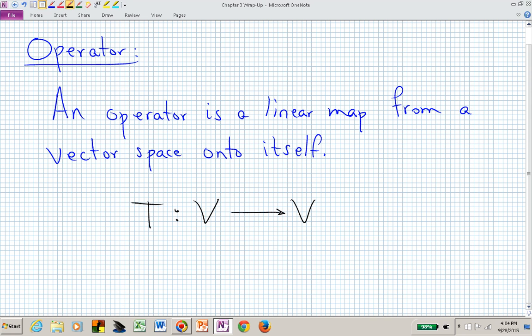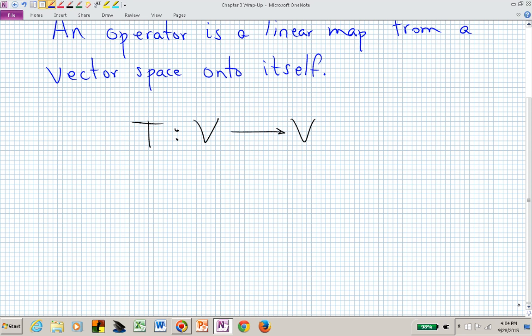Consistent with what we've done before with the script L, we'll abbreviate the notation.